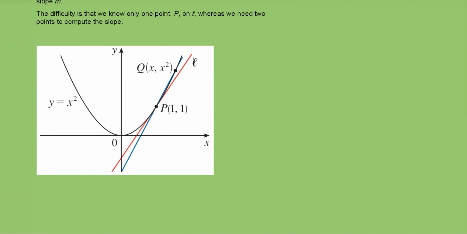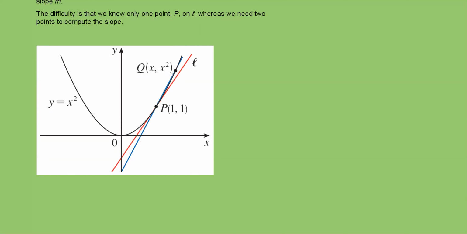So the idea is it's impossible for us, as of now, to find the exact equation of the red line. So what we can do is use the blue line, by picking another point on the parabola, so that we have 2 points and try to see how close we can get by approximating the red line using the blue line.